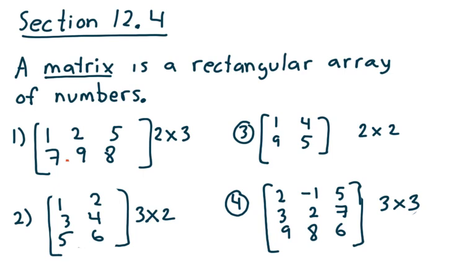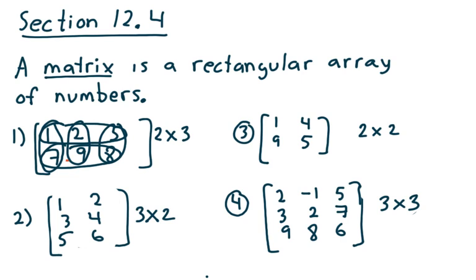In this matrix, we have one row followed by a second row, and then we have 1, 2, 3 columns. So the size of this matrix is 2 by 3, because 2 represents the number of rows and the 3 represents the number of columns.